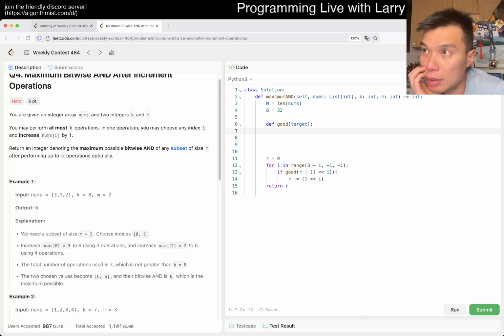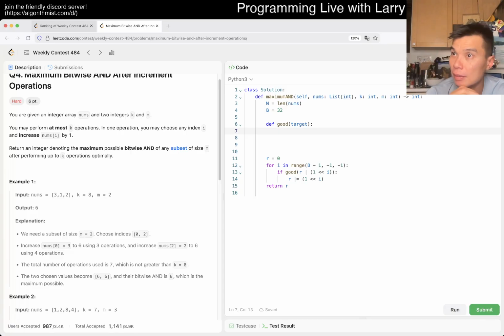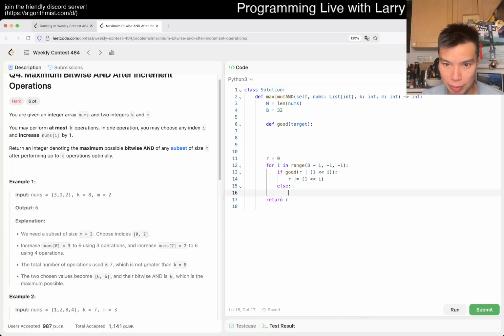Just that the high bits don't matter, right? So anything that's bigger than the biggest bit doesn't matter. I think if it's an else, then we just take away that bit from everybody to do the math correctly.